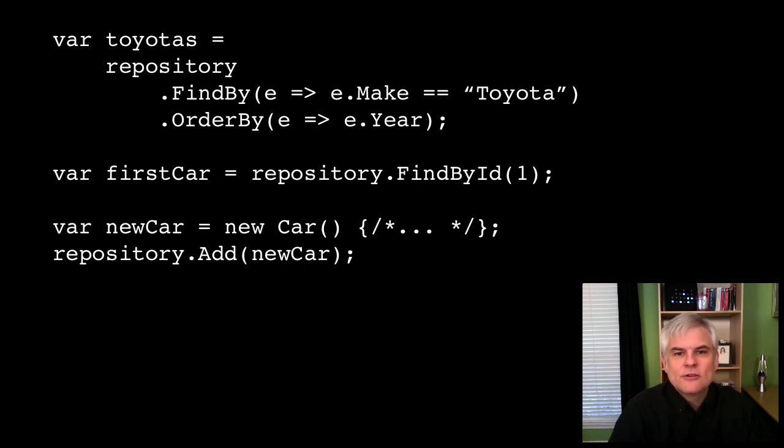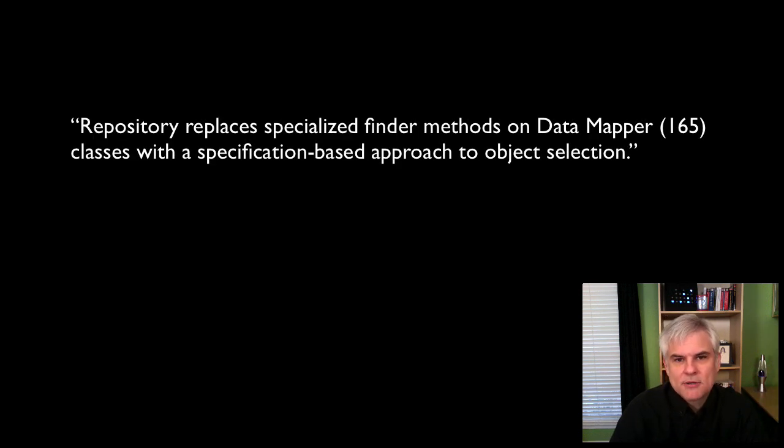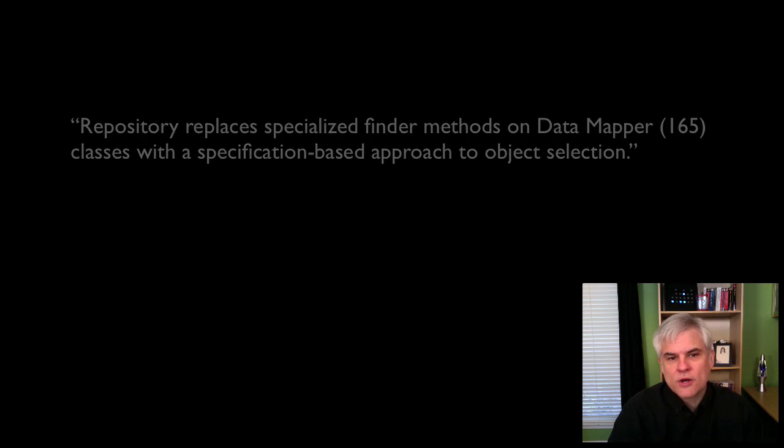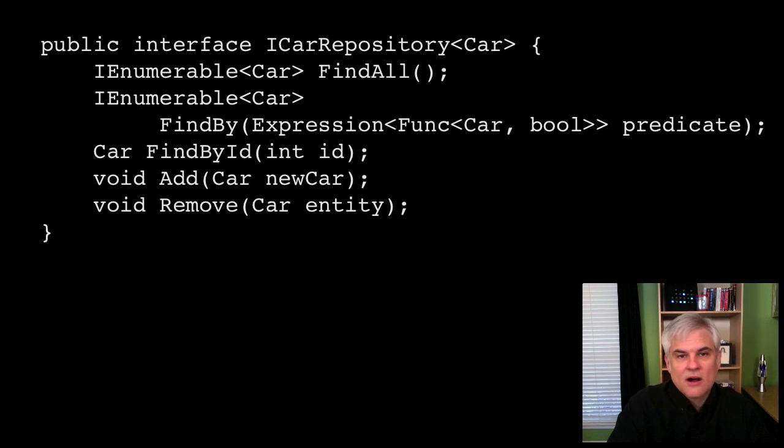But back to what Fowler actually described. He said repository replaces specialized finder methods on the data mapper classes with a specification-based approach to object selection. Now remember, the data mapper we said was essentially going to be something like ADO.NET or Entity Framework. Okay, so in the code example, there are 2 different approaches at work here in this ICarRepository.